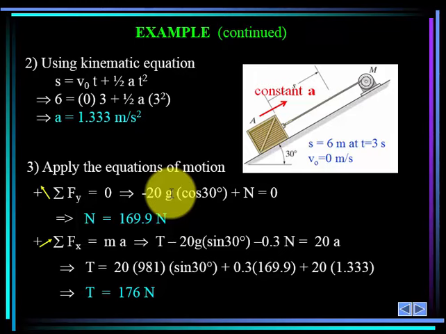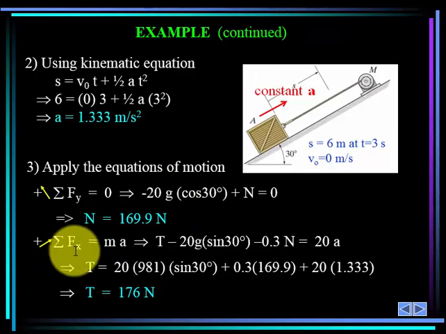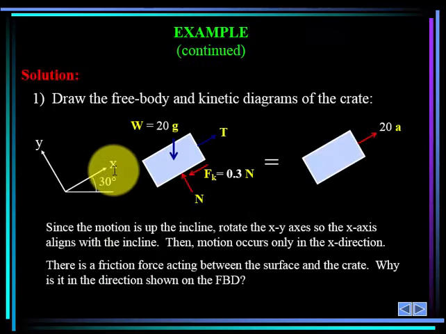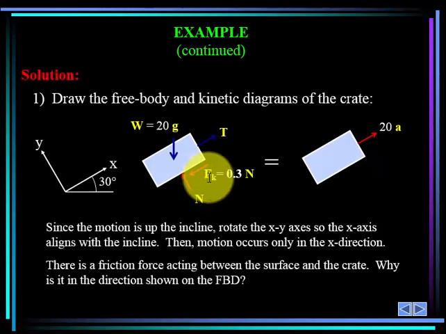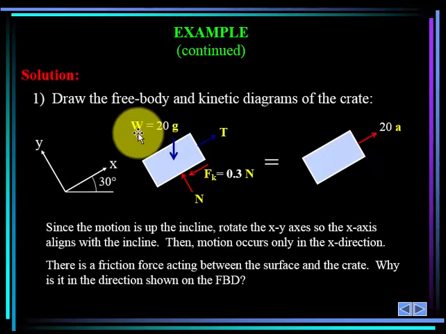Then we can go back to the free body diagram and sum the forces in the x direction and set that equal to mass times acceleration. In our x direction, which points up the slope, we have a positive T, we have a negative 0.3 times the normal force acting down the slope, and we also have a component of gravity.